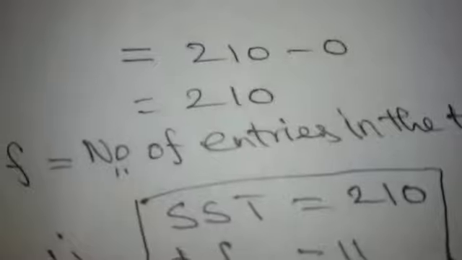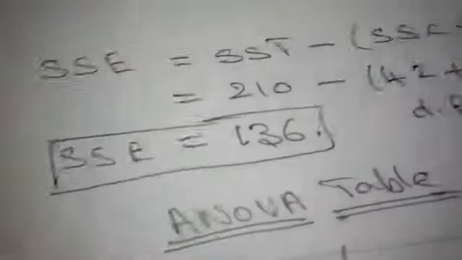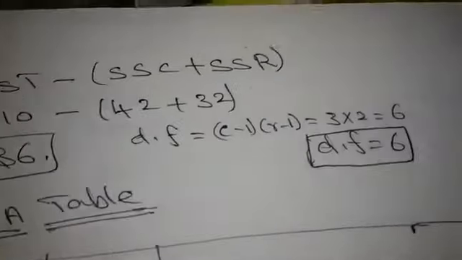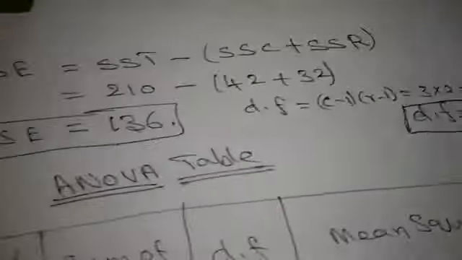And step 3 is you have to calculate SSC, SSR, SST and their corresponding degrees of freedom. After getting these 3 values, you have to find out SSE and their corresponding degrees of freedom.